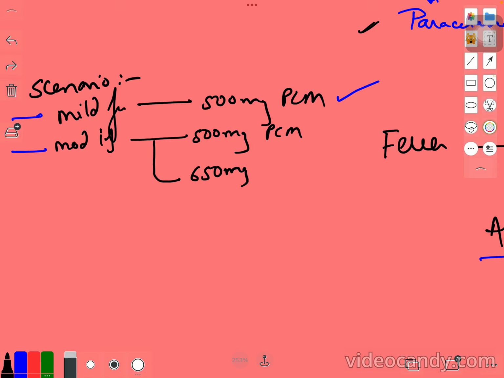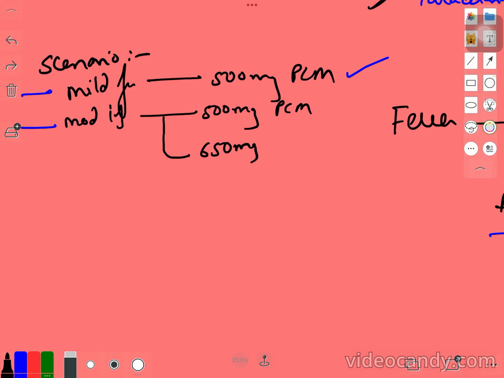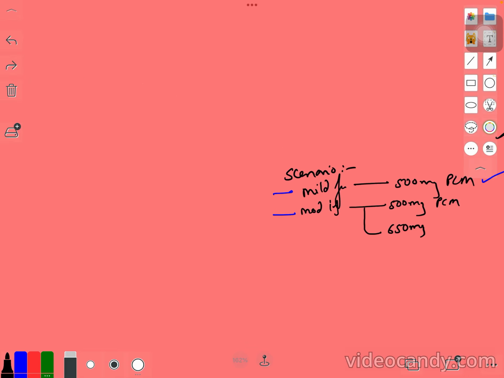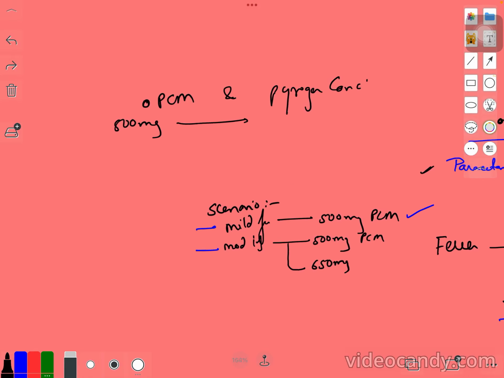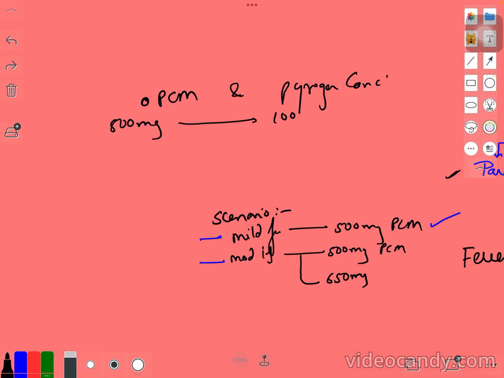Okay, he starts to feel good, but still not completely, because of the paracetamol molecules and pyrogen concentration. Assume it like this. Let's say 500 milligram was acting totally on a pyrogen concentration of 100. Just tentative data.